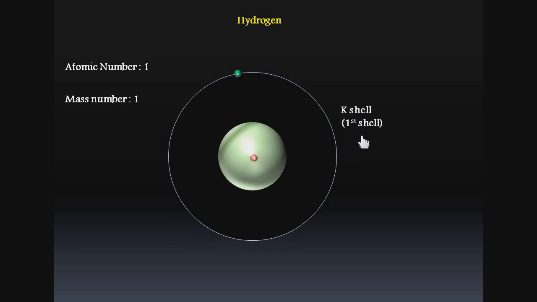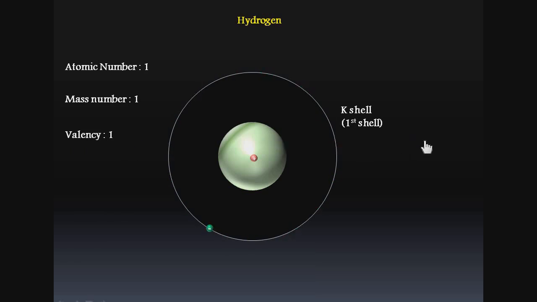The valency of hydrogen is 1 because the formula for valency is valency equal to number of valence electrons if number of valence electrons is less than 4. Here we have one valence electron, so 1 is less than 4 and hence valency is also 1.